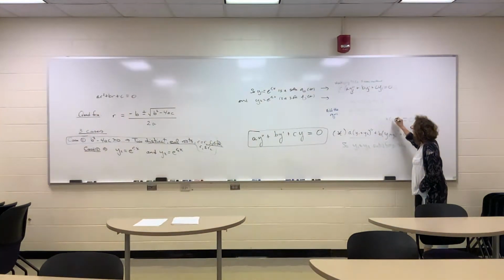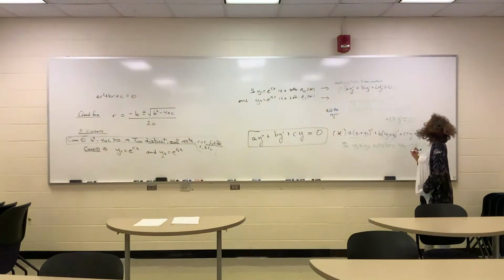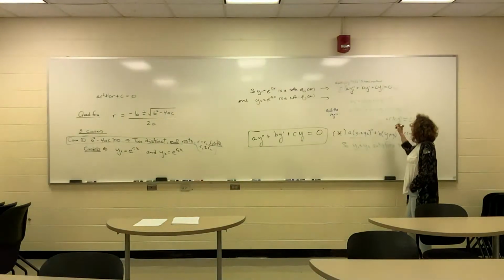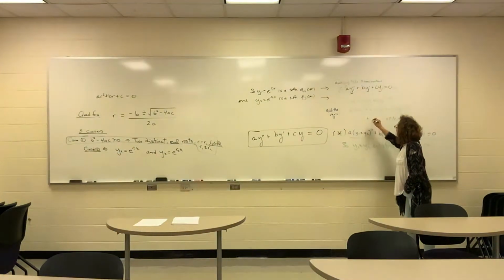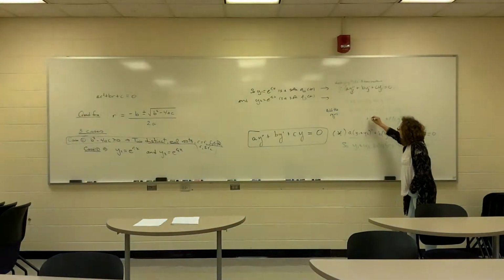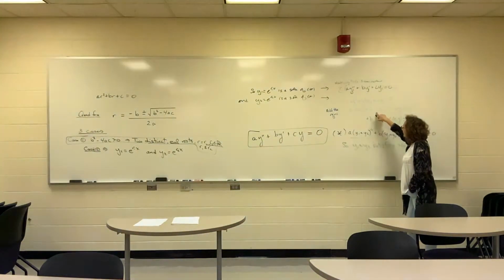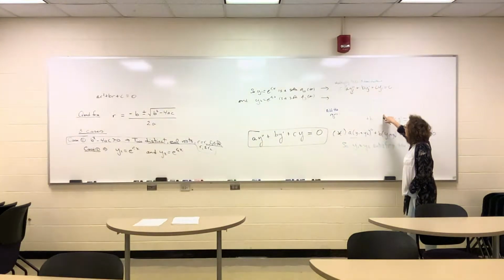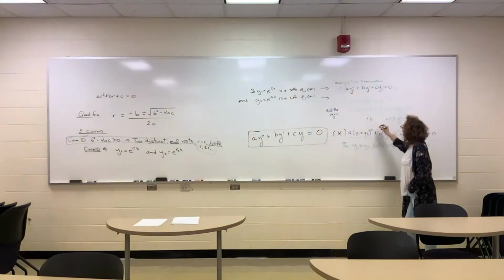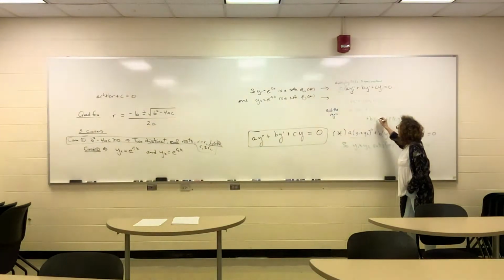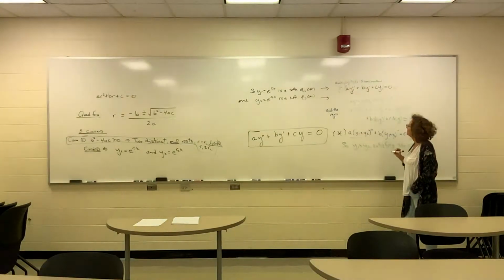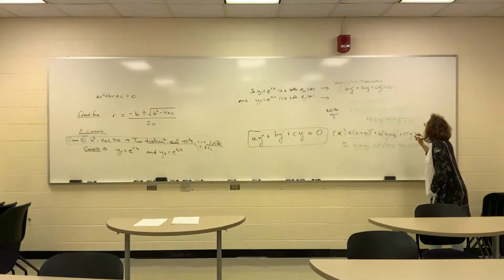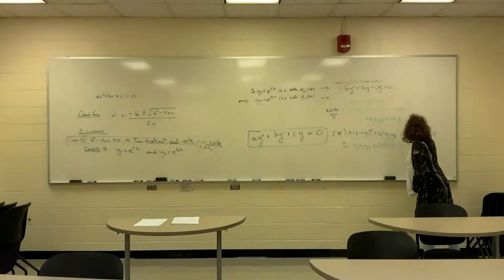So I already wrote this C1 times y1. Here, I've got my constant b, and then I've got C1 times y1 prime. So this is a constant times the derivative of a function. The constant multiple rule in calculus says that is the same as the derivative of the constant times the function. Whoops, y1, I missed that one there.